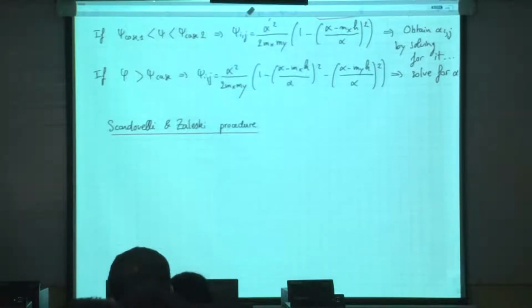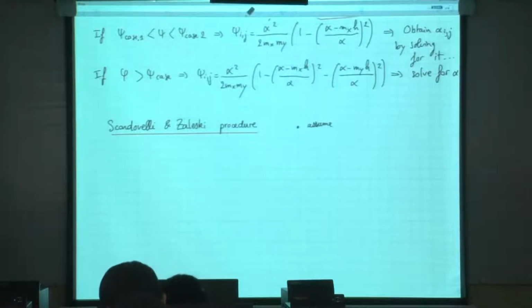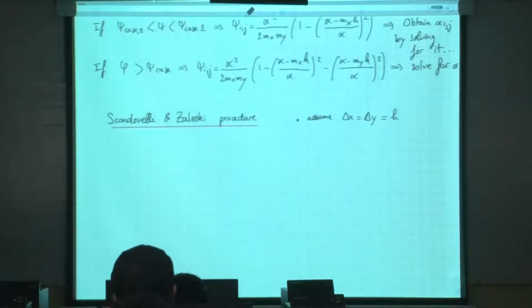So we'll make a few assumptions and then we'll lift them. First, assume that delta x is equal to delta y and is equal to h. We'll lift that next.